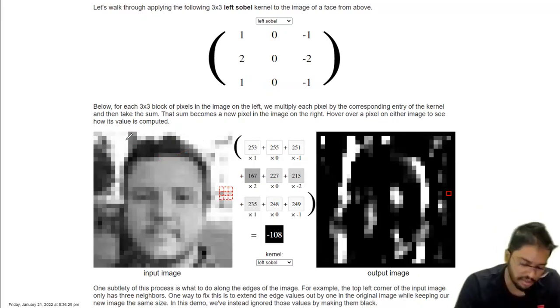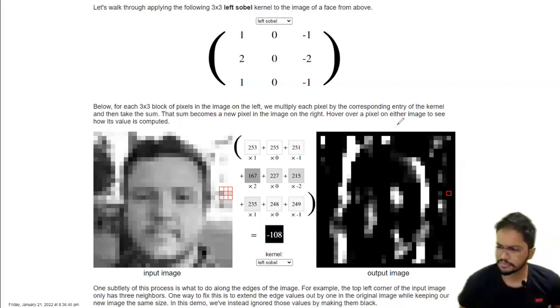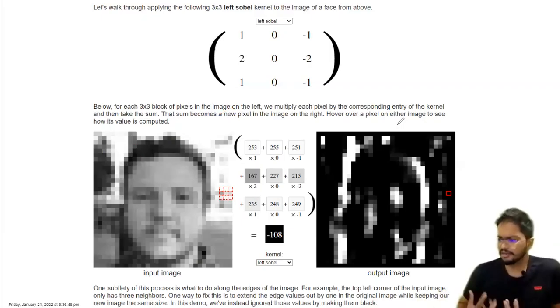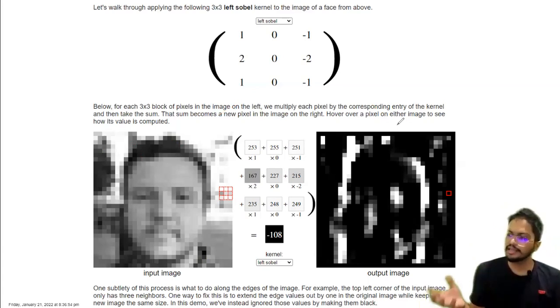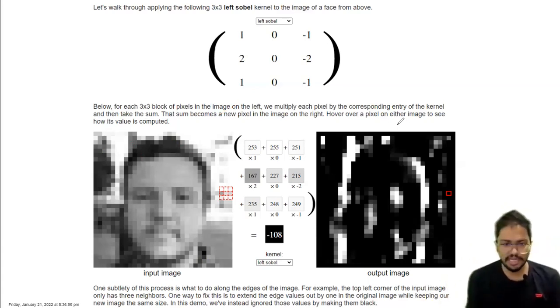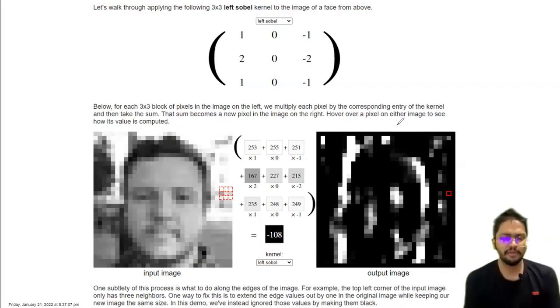Then we get this dummy garbage, meaningless image. So what's the big deal about this kernel operation? Is it for getting a meaningless image from a nice, meaningful image? What's the purpose of this operation?